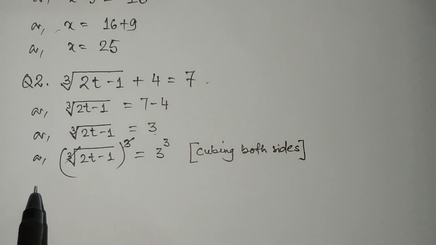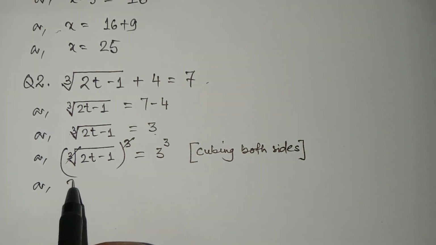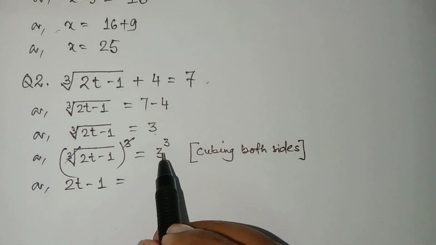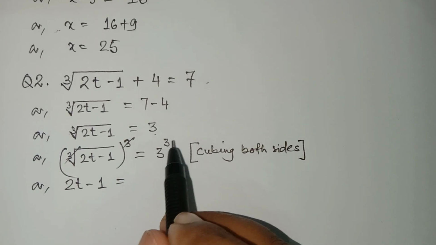Now it's 2t minus 1 equal to the cube of 3, that's 3 into 3 into 3.